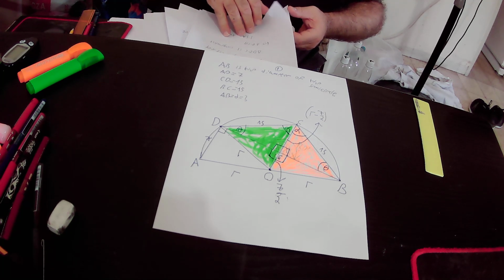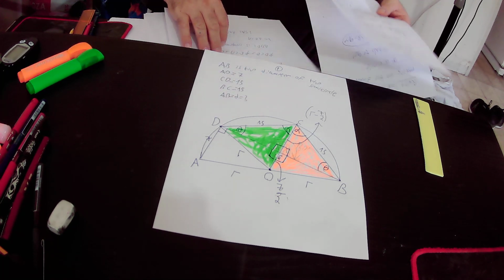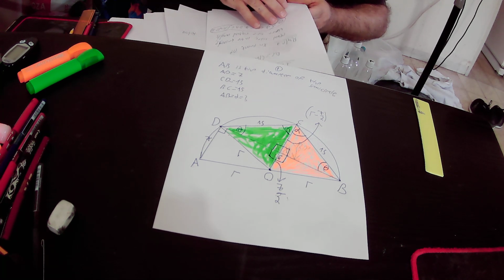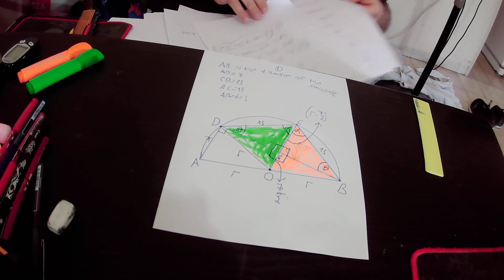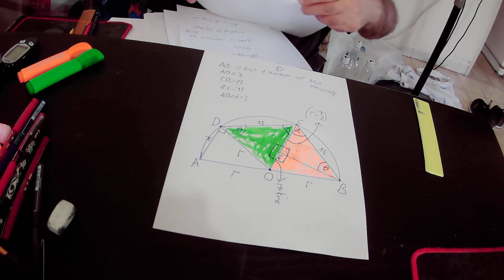Therefore, the peripheral angle ADB, this angle that rests on AB, that is the diameter of this semicircle, equals 90 degrees according to rule number 1.